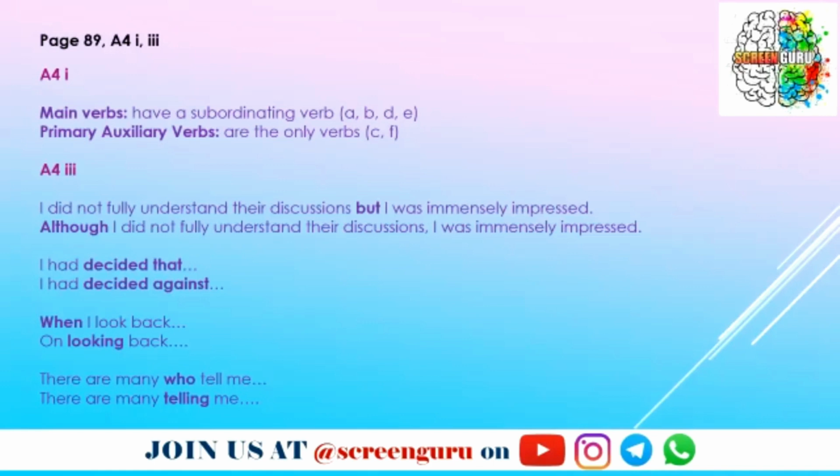Going to question number 3 of the same sentence. I did not fully understand their discussions, but I was immensely impressed. Here they are asking you to remove but. How is that going to happen? Although I did not fully understand their discussion, I was immensely impressed.